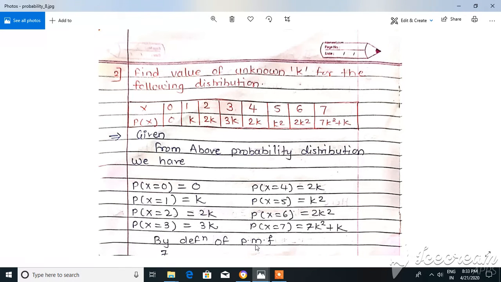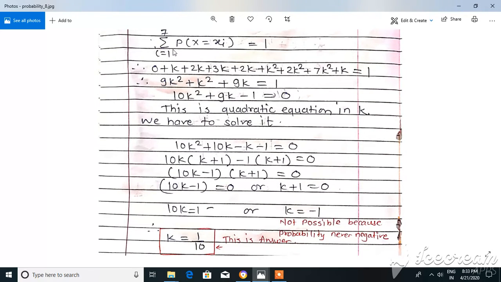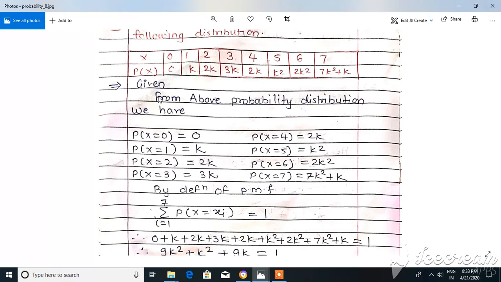So by definition of PMF I can say the summation of p of x equals xi, where i is running from 1 to 7. Why is this i running from 1 to 7? Oh sorry, I want i equal to 0 to 7.